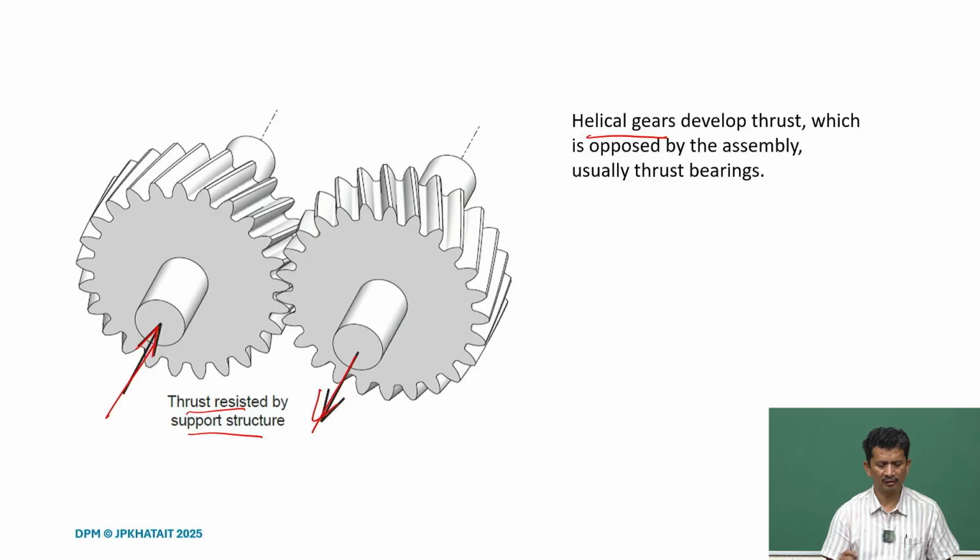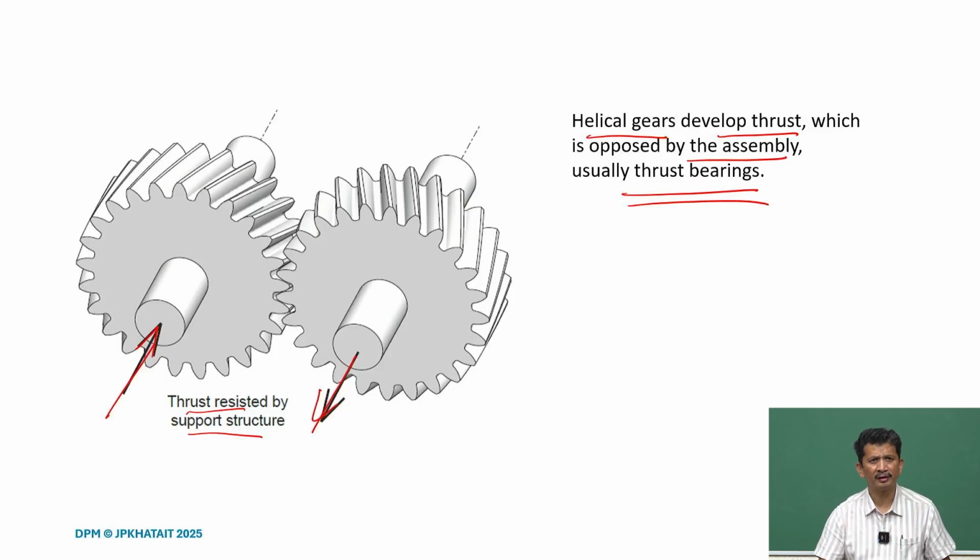If we take the load path, then we have to see the entire assembly and see how it's going, and many times we make a provision for that. We try to put some bearings which can take this thrust. So, helical gears develop thrust which is opposed by the assembly, and usually we use thrust bearings for that. So, it is taking a longer path.